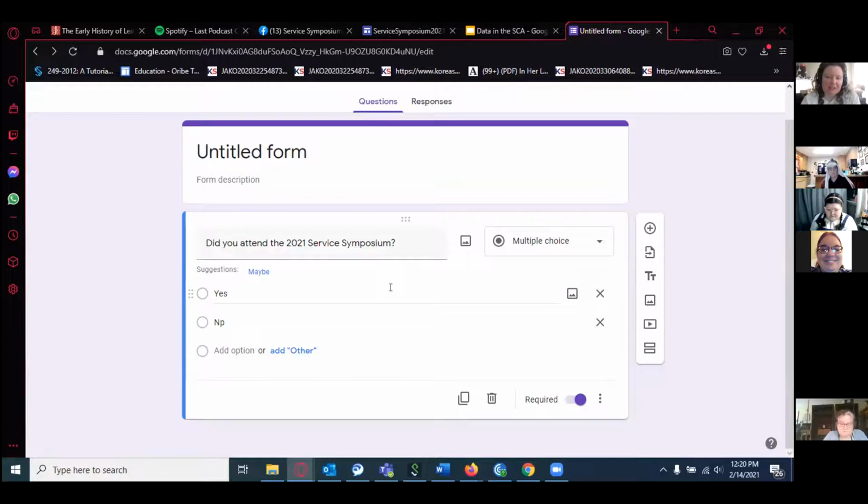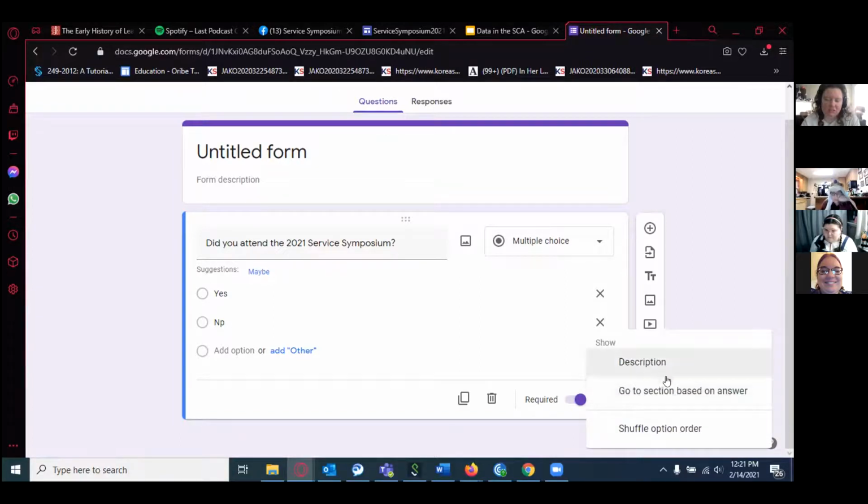So what you can do based off of these is perhaps you have some questions for people who did go to the 2021 Service Symposium, but you also have some questions for people who chose not to attend the 2021 Service Symposium. So what we'll do is click on these three dots, and under the descriptions, go to section based on answer.